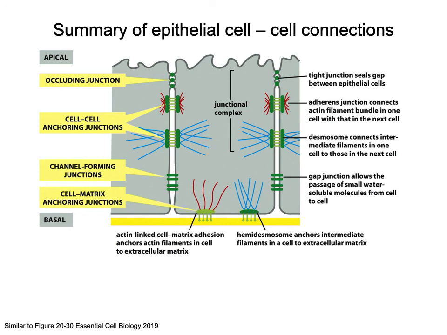They only have one, hence hemi, because they're embedding into the Velcro, if you will, that attaches to the basal lamina and the connective tissue. Then we also have the channel-forming junctions, these gap junctions, that allow for passage of ions from cell to cell, and allow the cells to respond in a more synchronized fashion.